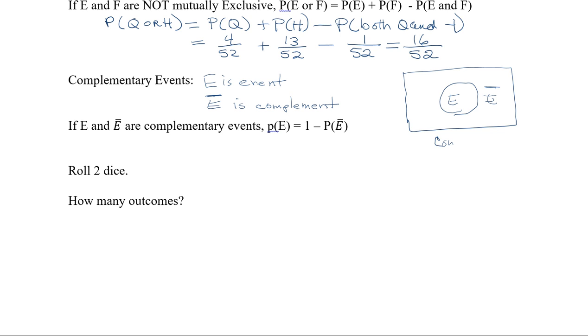And complementary events have nothing in common. But their sum makes up the entire sample space.